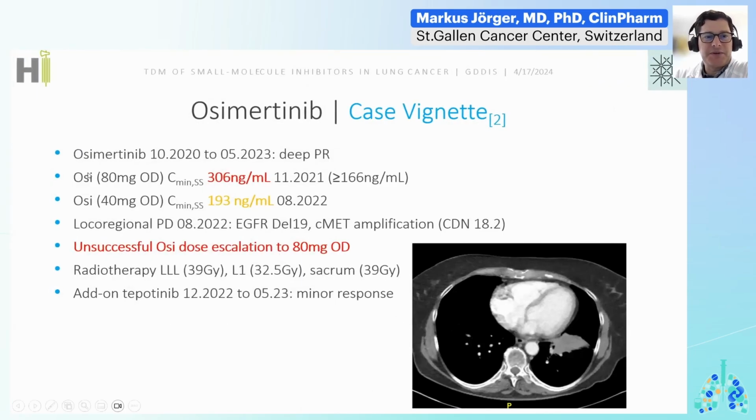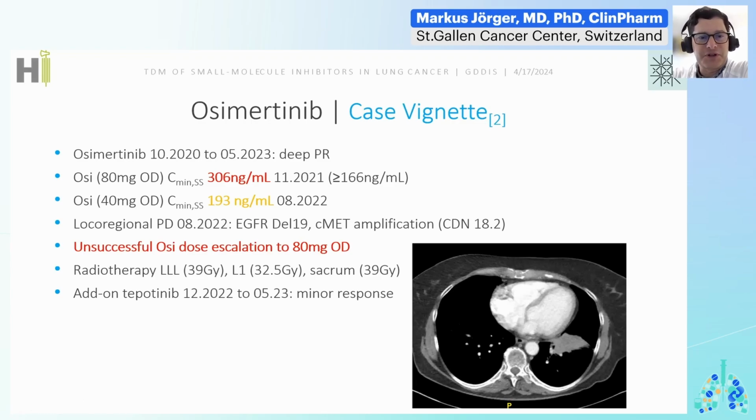We initiated OSI at the approved dose. She had some skin toxicity, which got a little bit into cumulative problems. We did TDM. We found a trough level that was pretty comfortably above the target range.